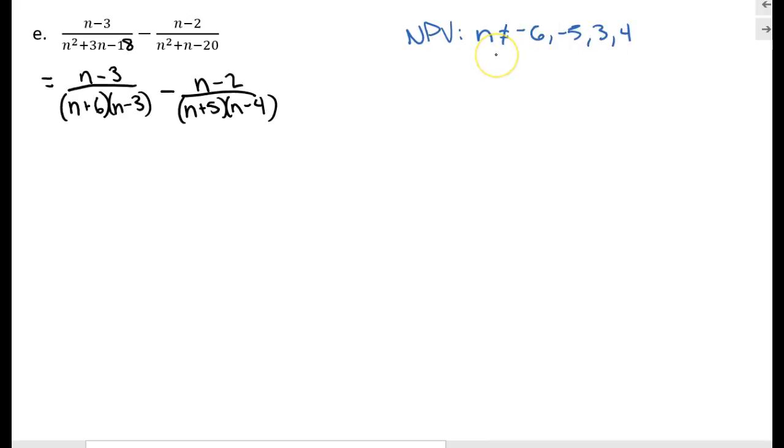We've got 4 non-permissible values. Now you can get excited about that. So it means that we can actually simplify that first rational expression. Why am I getting excited about this? Well, that means that my lowest common denominator has one less binomial in it, which just means that everything's a little bit simpler.